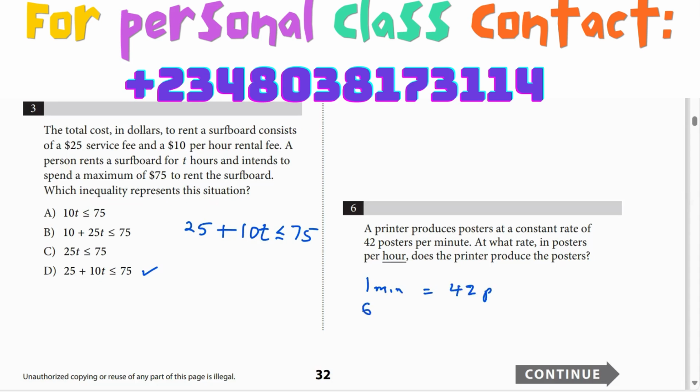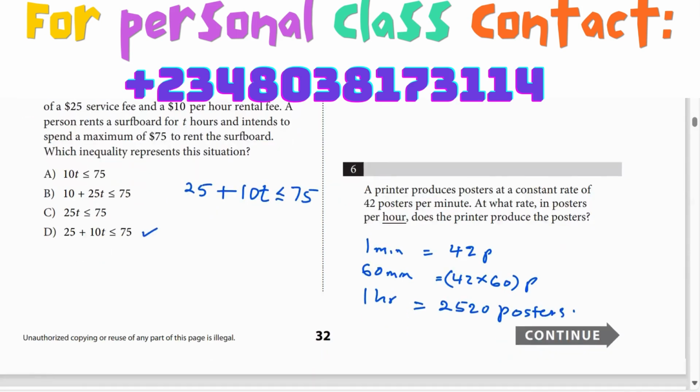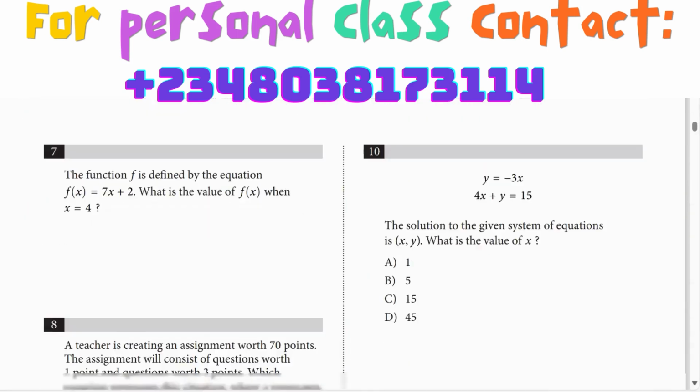Now in 60 minutes, which is 1 hour, we're going to have 42 times 60 posters. This will give us 2,520 posters. So that is the number of posters we will get in 1 hour.